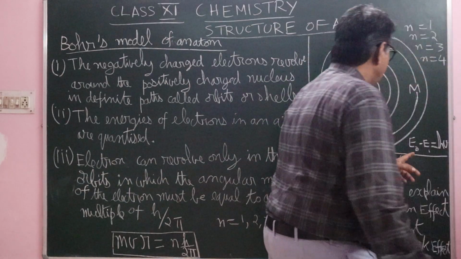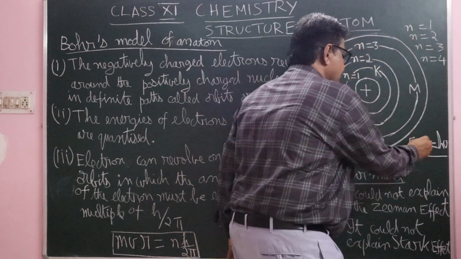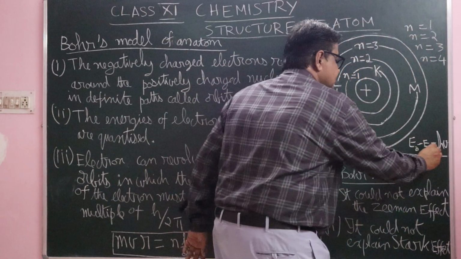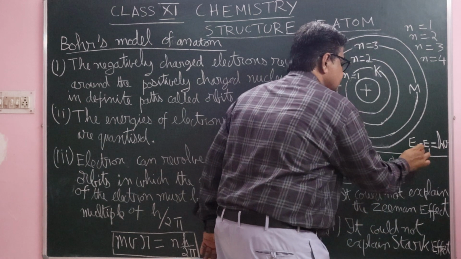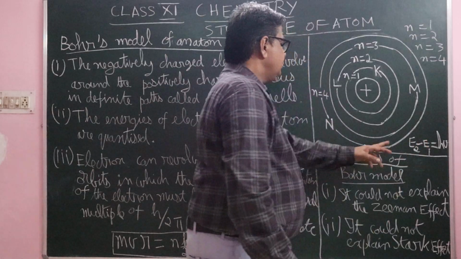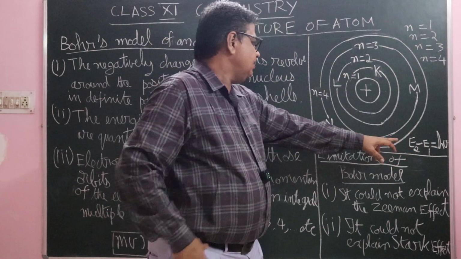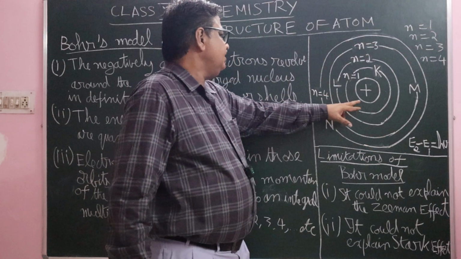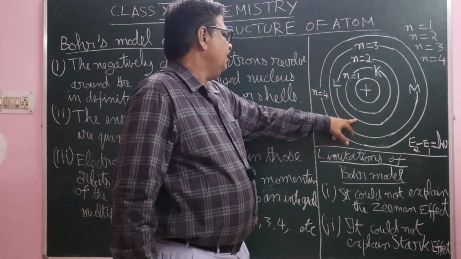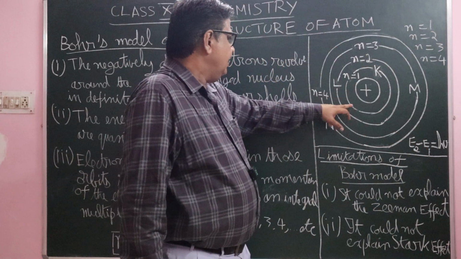This is E1, this is E2. E2 minus E1 equal to h nu, where E2 is the energy of the electron when it is in the L shell, and E1 is the energy of the electron when it is in the K shell.